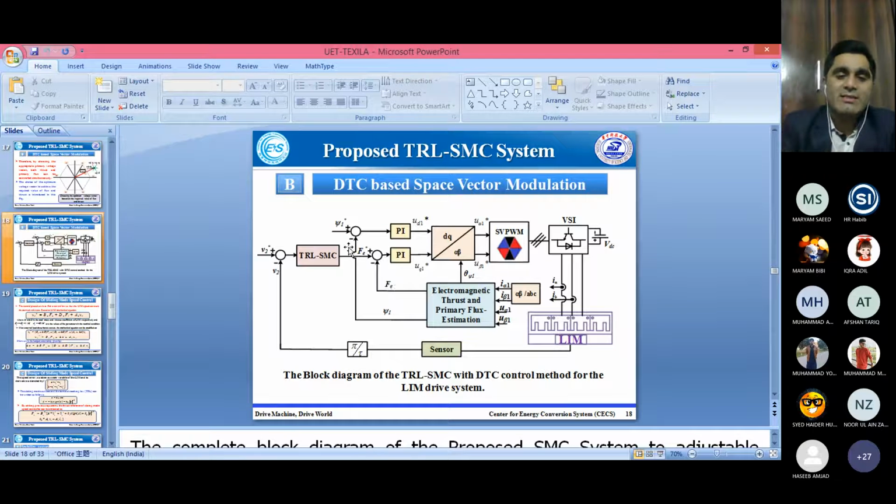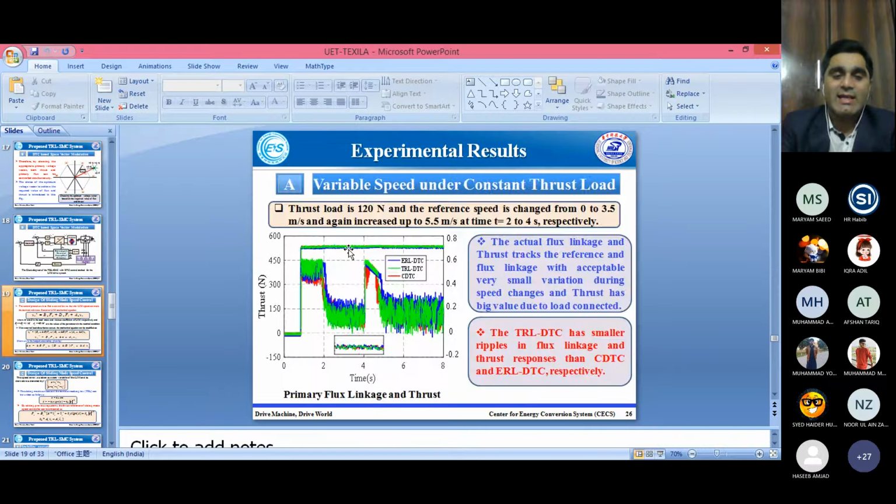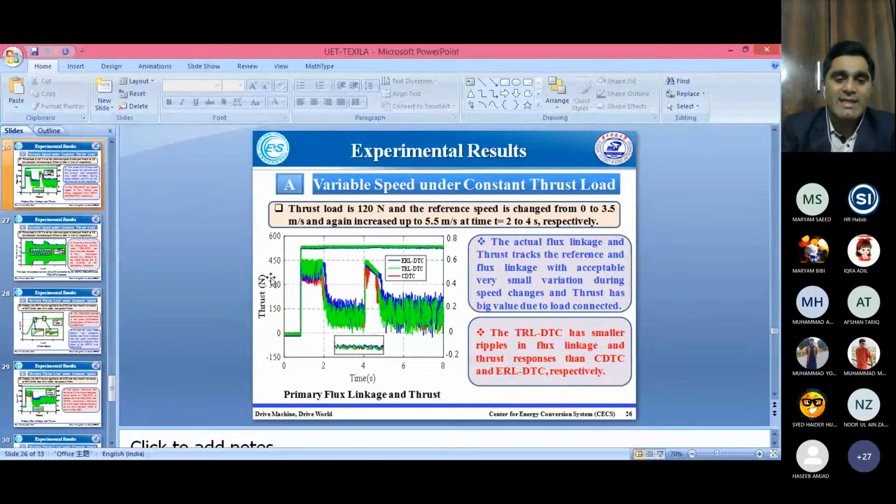We must place a limit here, just like in the response. When I showed this thrust response, you can see this is the final limit. We put a protection limiter there. The current must not go beyond this point, so there should be a protection after the sliding mode control.